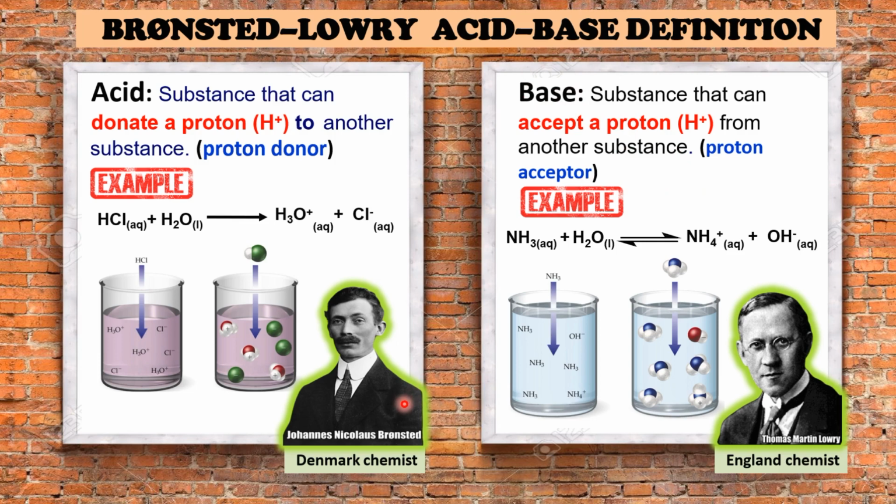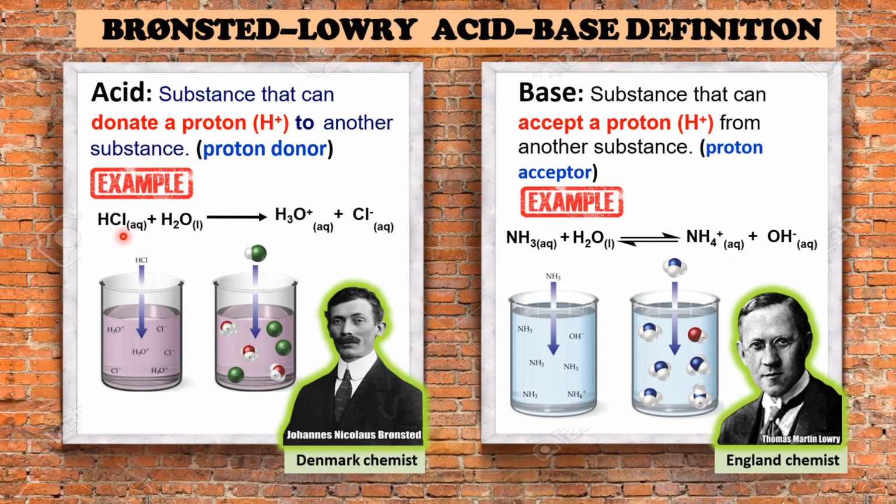These two scientists came up with this theory independently and at relatively the same time, so the theory has both of their names. That's why it became the Bronsted-Lowry theory. For example, for an acid, let's say I have HCl here, dissociating in water. It becomes H3O+, since water has a lone pair and will accept a proton from HCl.